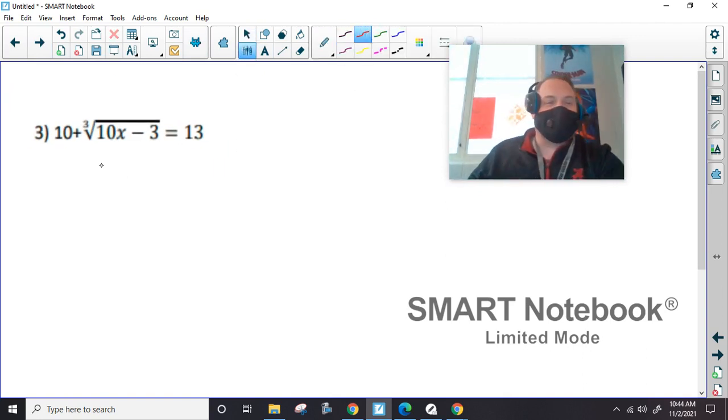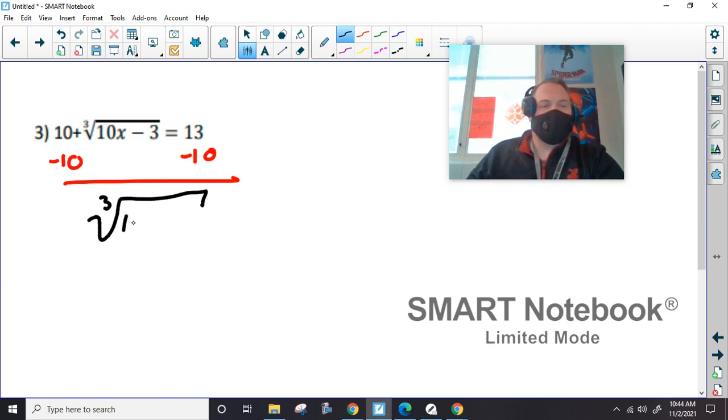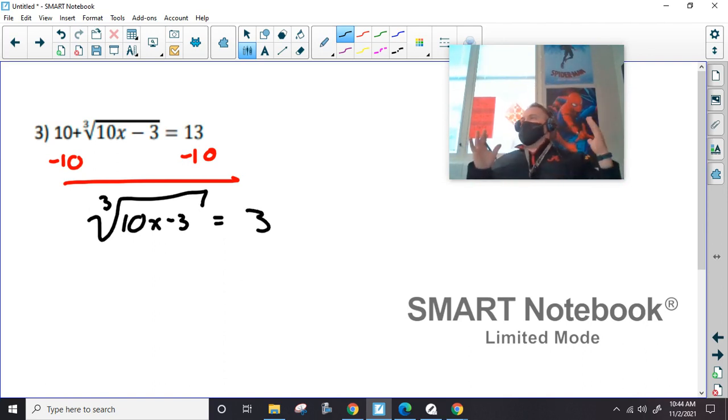Okay, so for number 3, first thing you would do is subtract 10. All right, now we have a cube root.